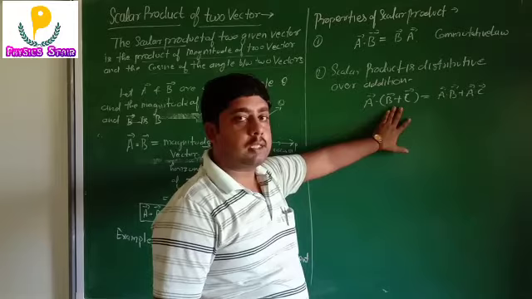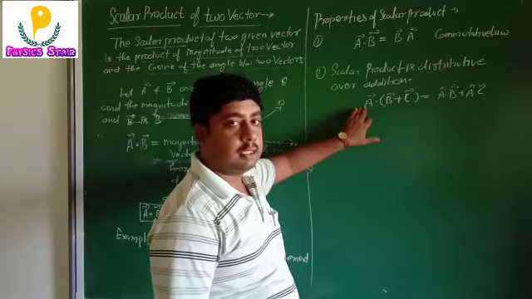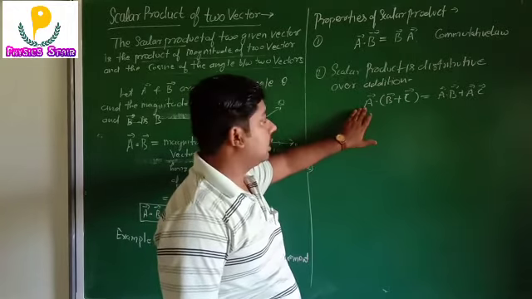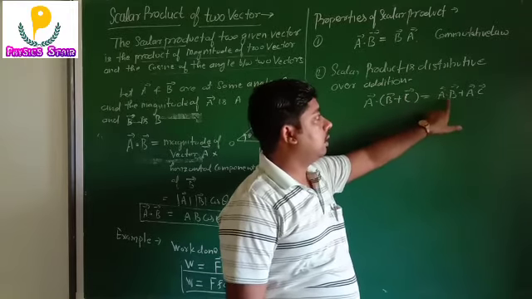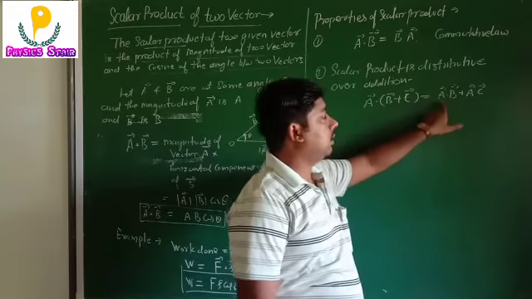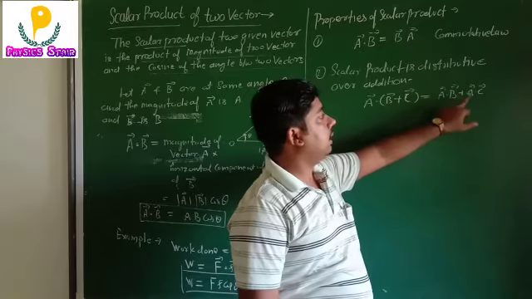After adding the two vectors and multiplying, the value is equal to the sum of the products of vector A and vector B, and vector A and vector C.